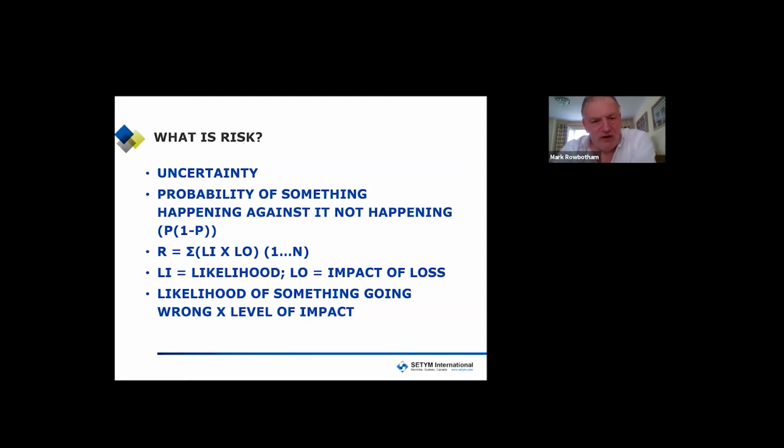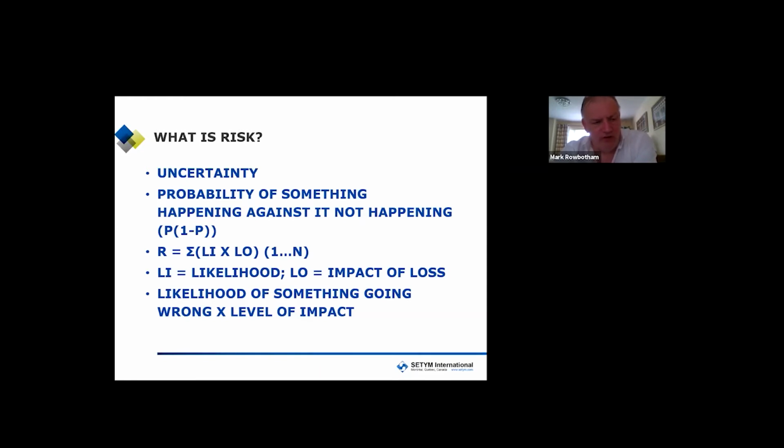Now, another calculation, R, where we have the risk equals the sum of the likelihood of anything happening versus the loss. And given that we may have a series of events or a series of activities, then in total we would multiply the likelihood against the impact for each activity and then totalize it.